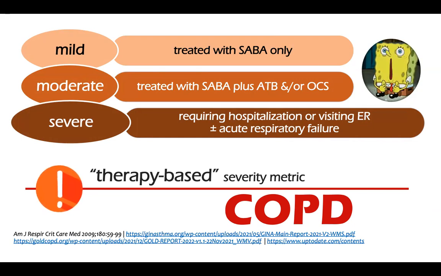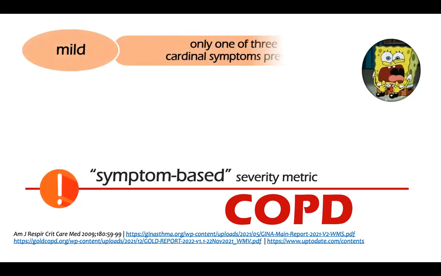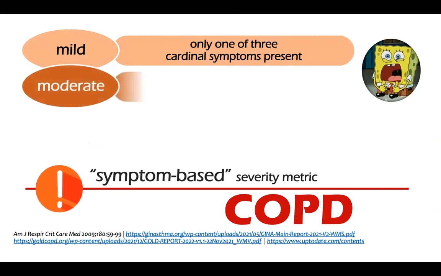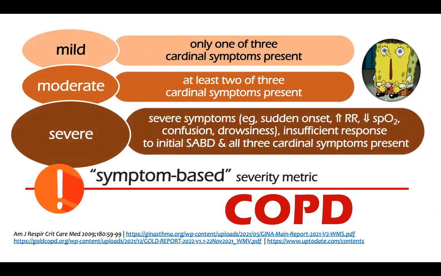Therapy-based severity metric means that every patient with an exacerbation that was treated with more than SABA will qualify, or should be flagged as significant, whenever we take the history of exacerbation. We spoke also about the symptoms-based metric. It's not only which treatment was used, but how many of the cardinal symptoms were involved in that particular episode of exacerbation.